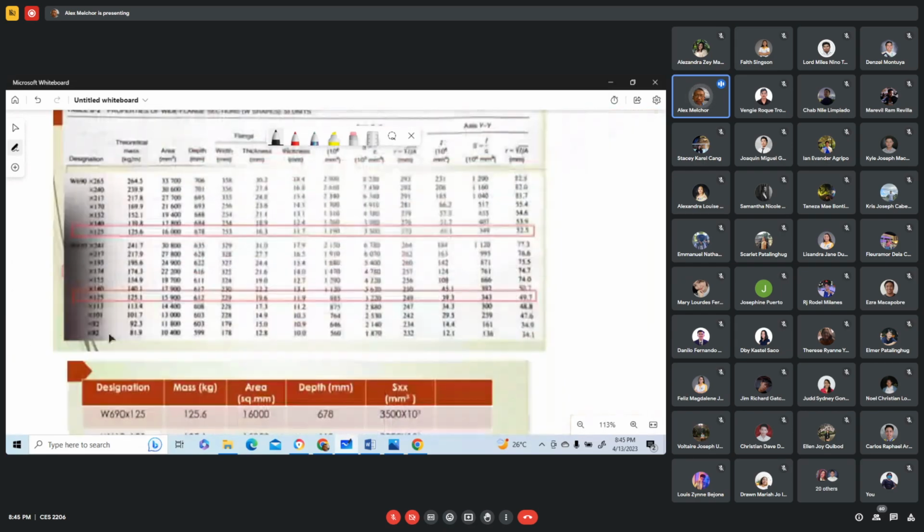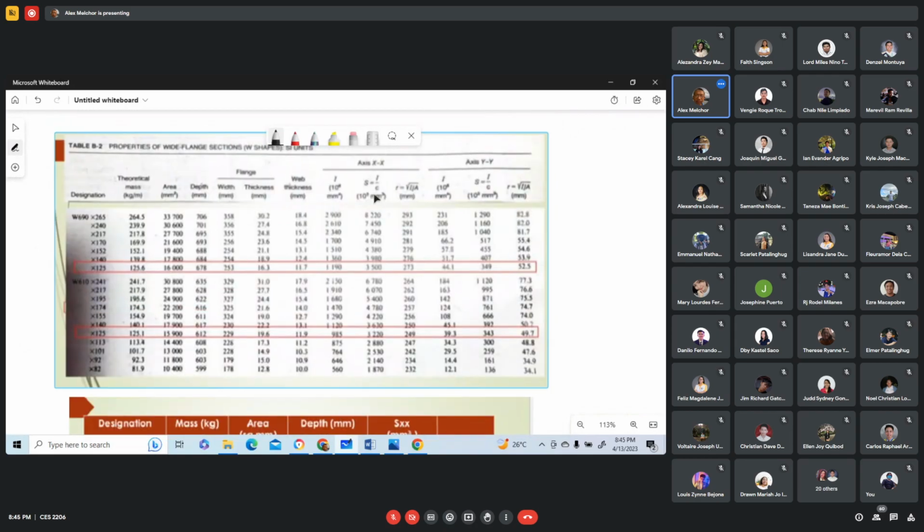Now, in here, we have 3,220 section modulus. This is 10 millimeters cube. We have 3,220. This is greater than our computed value. And this one here is 125 kilograms per meter. So this has a shorter depth.